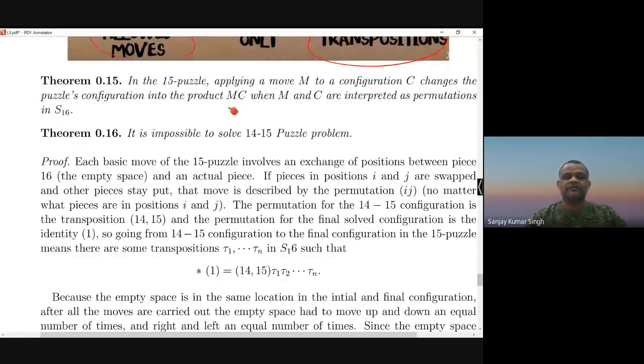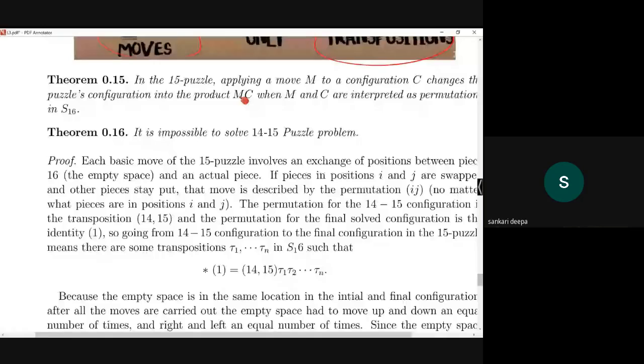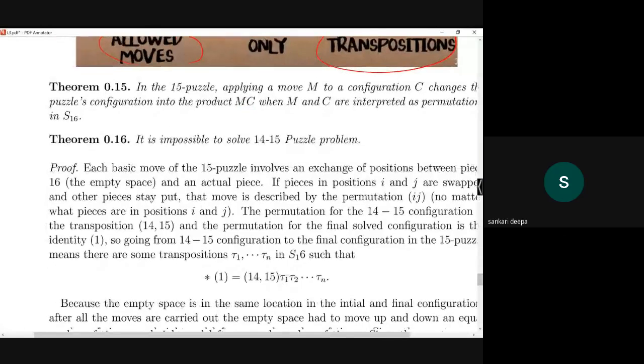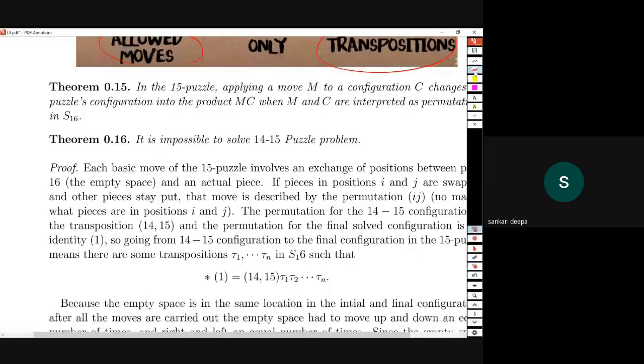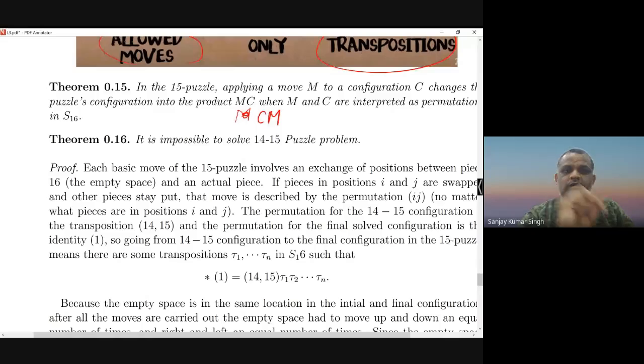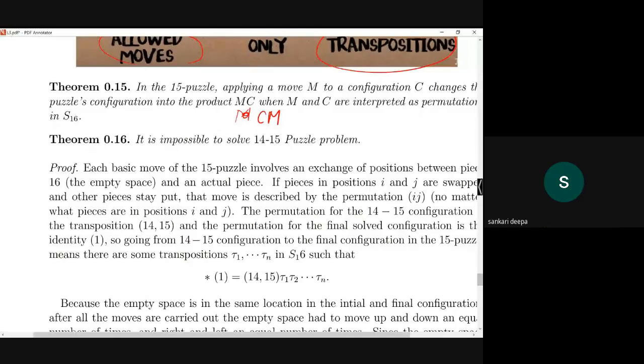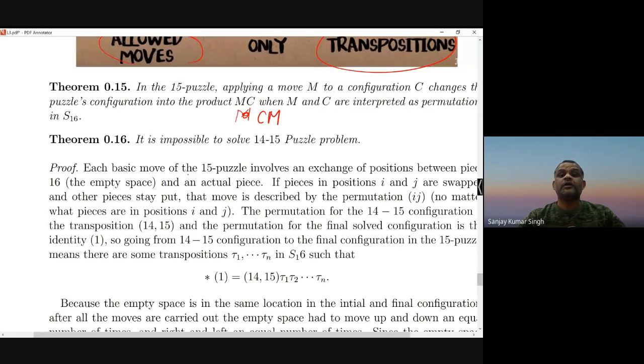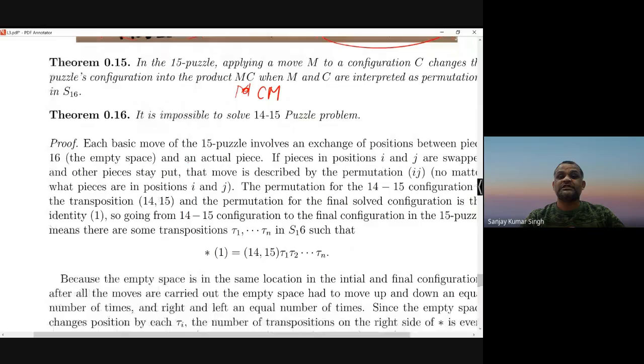So here is a small change. You write... So now the theorem is saying that it is impossible to solve the 14-15 puzzle problem.